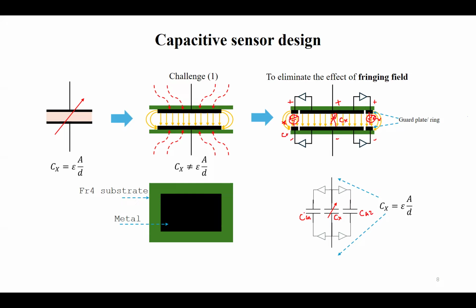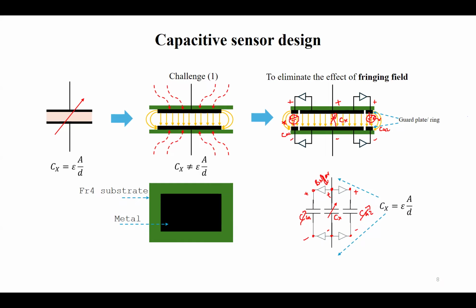Definitely CG1 and CG2 will vary with respect to the fringing field and the interferences, while it won't affect the capacitance Cx, because this node is connected to this node of this capacitance through a buffer, and similarly here also. So even though these potentials are the same, they are physically isolated. So any effect of this won't affect the capacitance Cx.